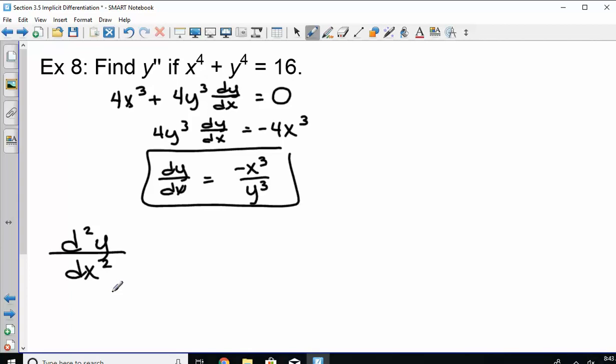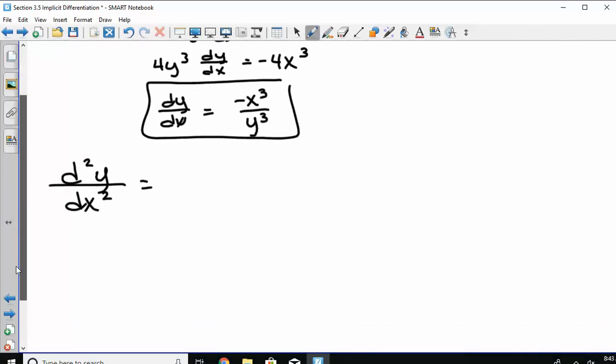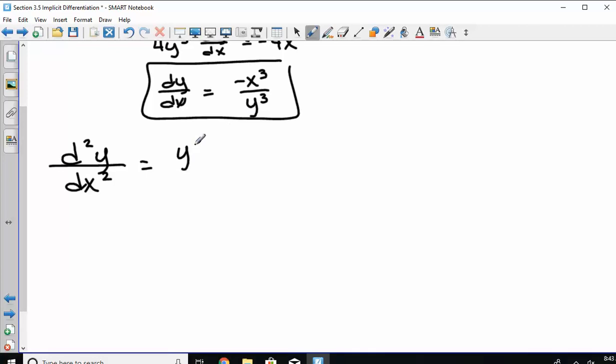Okay. We're doing the derivative of our answer up here. So what do we have to do? Quotient rule. So low d high, derivative of the top would be negative 3x squared, minus high d low, okay, derivative of y cubed.